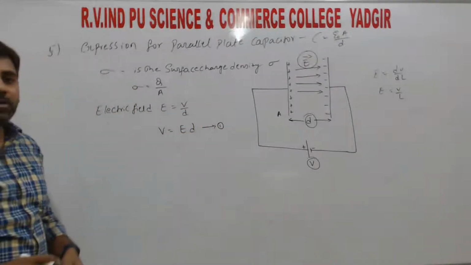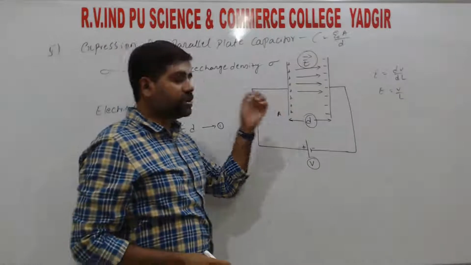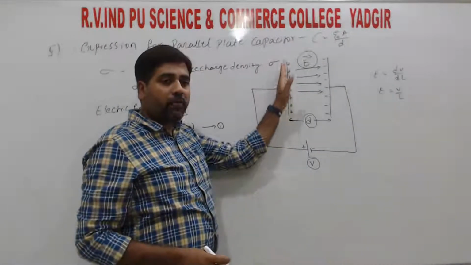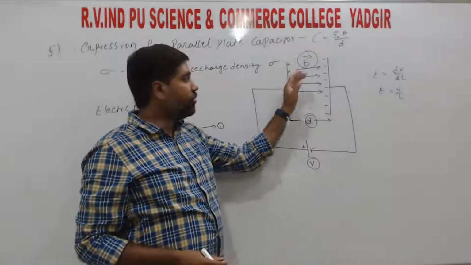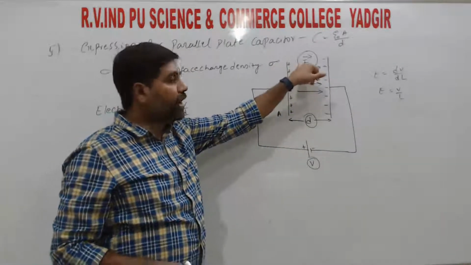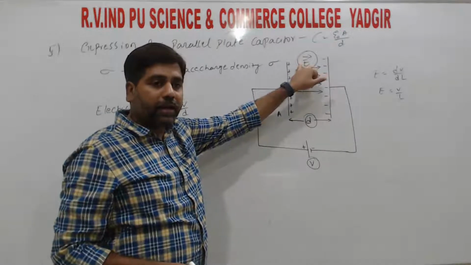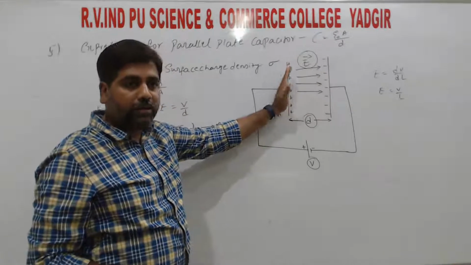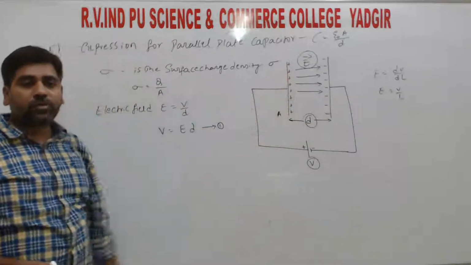So from the previous chapter, that is the first chapter, for an infinite or finite conductor having surface charge density, we have the relation for the electric field, right? So the electric field in a uniform plate, that is again an application of the Gauss law.